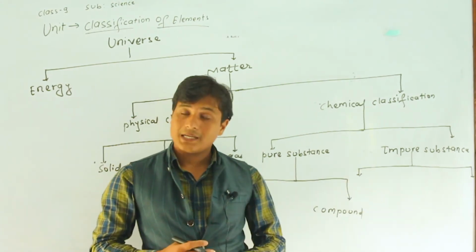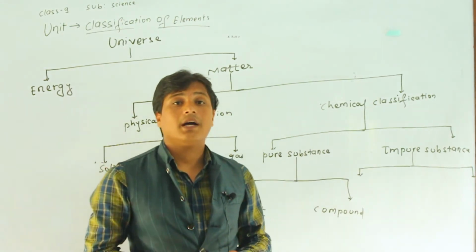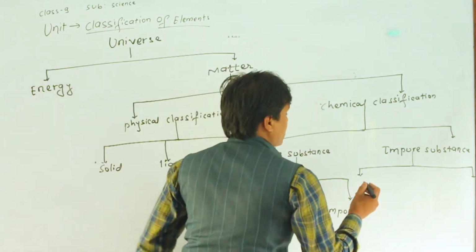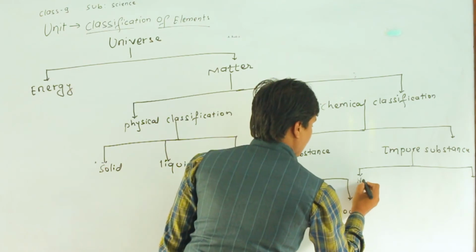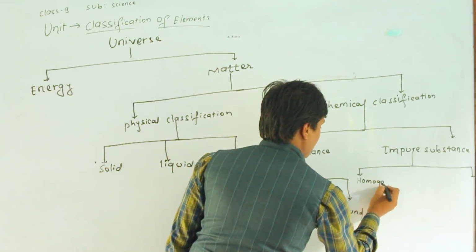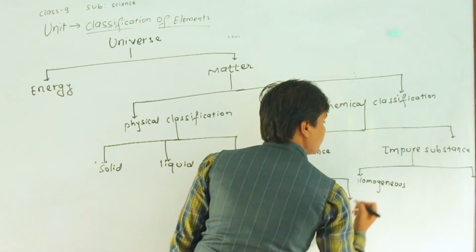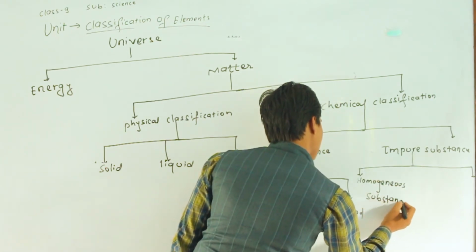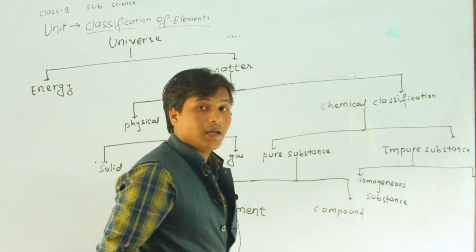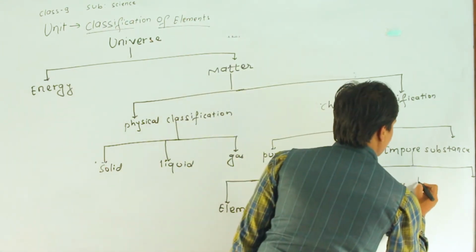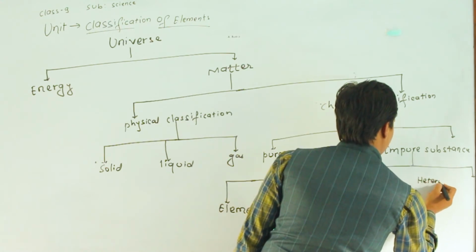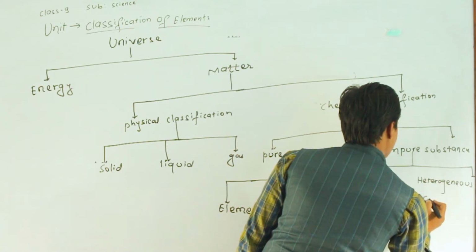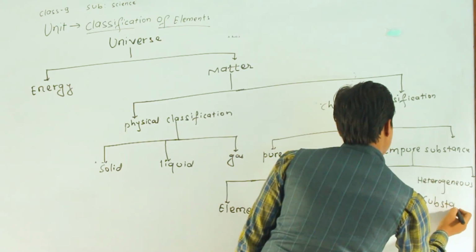Impure substance is also further divided into two parts: homogeneous substance and heterogeneous substance.